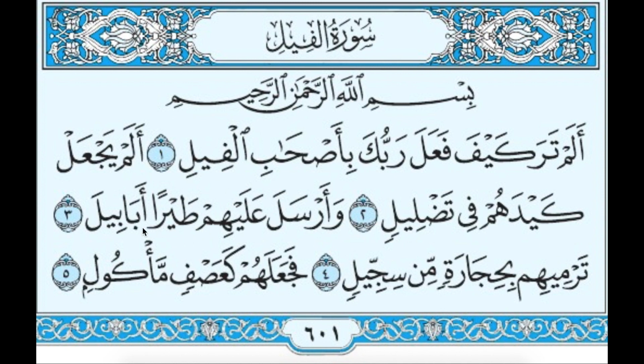Let's continue on. The meaning of this is wa arsala alayhim: and he sent upon them, alayhim, upon them, tayran, birds, ababil, in great numbers. Tarmihim, they throw upon them, bi hijaratin, again that ba is under this here, with rocks. Min sijjil, and sijjil means clay, like hardened clay.